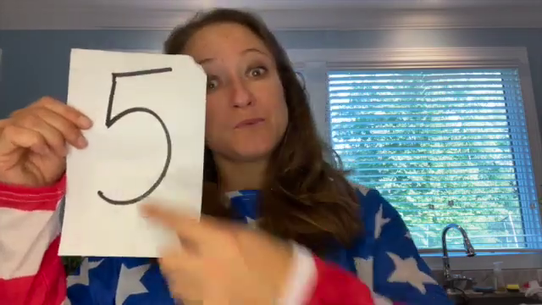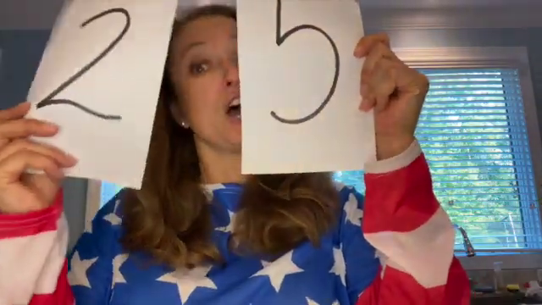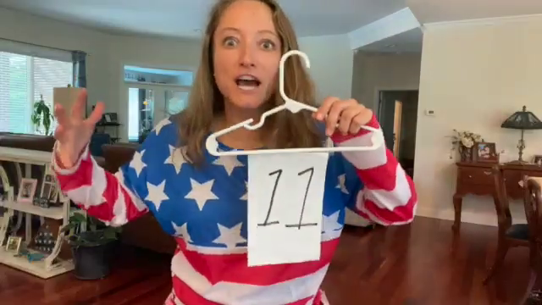Anytime I can break something into the 5s, I know this one, super easy to count: 5, 10, 15, 20, 25, 30, 35, 40, 45, 50, 55, 60, on and up and up. And then you would also need a 2 because 2 plus 5 equals what? 7. Break it.